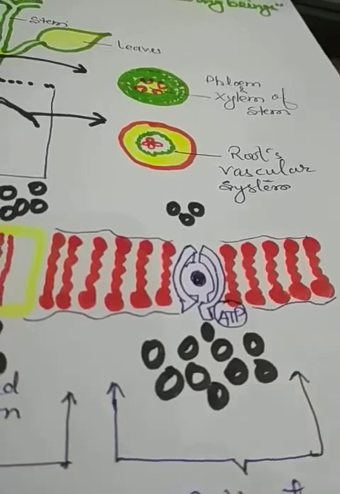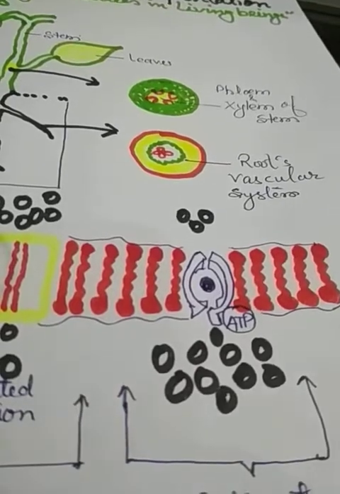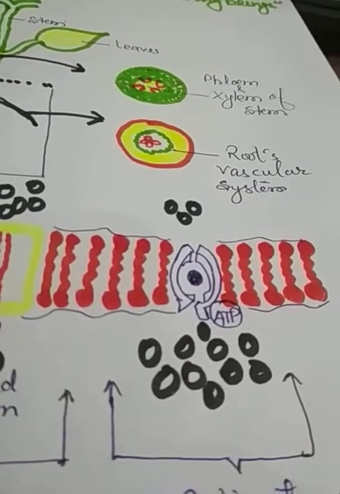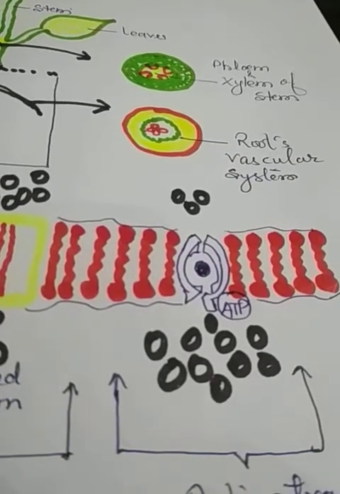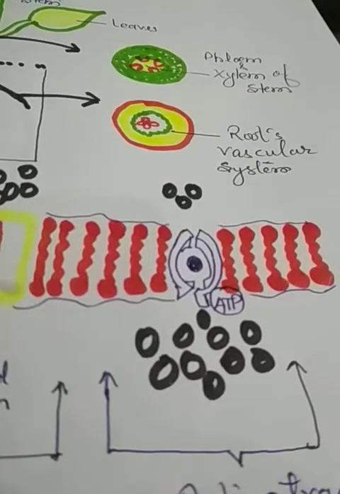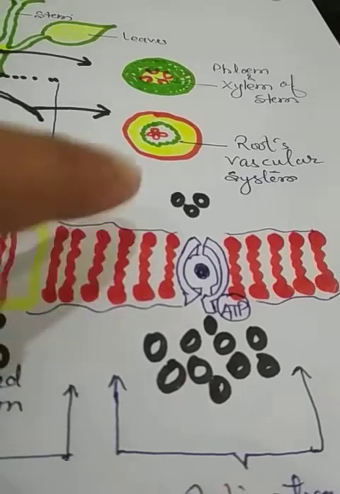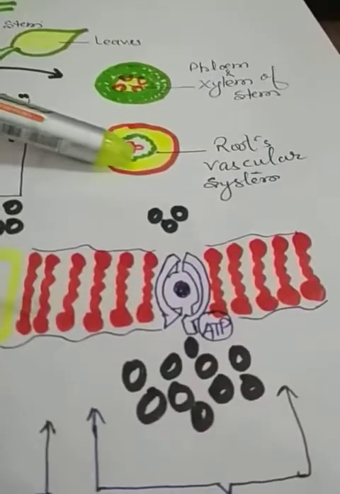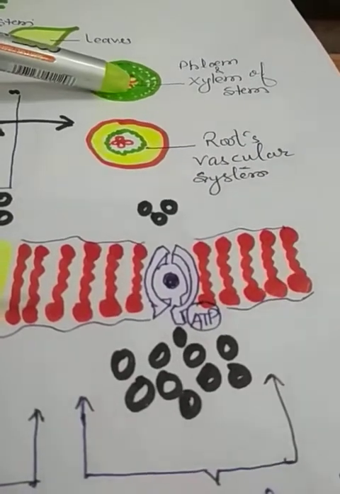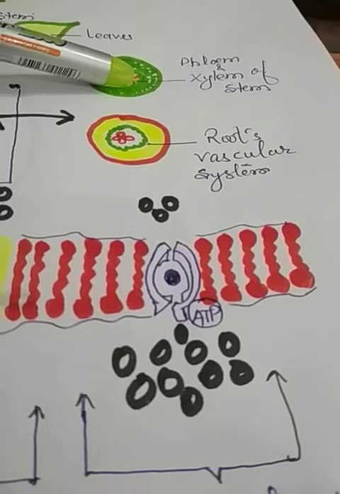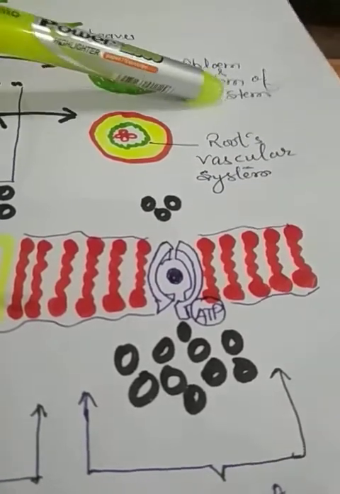Xylem is meant for the absorption of water and minerals from the ground, while the phloem is associated with the xylem. This mid portion that is showing is the xylem and phloem, in the vascular system of the root and of the stem, separately showing the bundles of xylem and phloem.